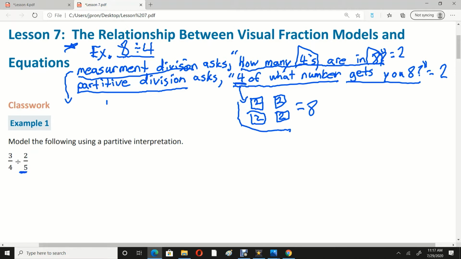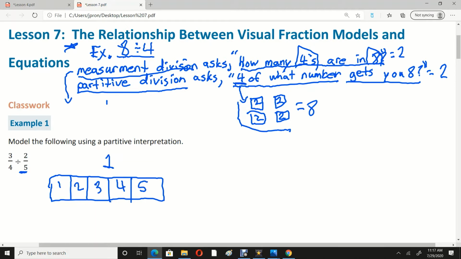So the first thing I want to do is make me a little model. Make me another whole model, right? So this is my 1, this is a whole, and we're going to split it up into fifths. 1, 2, 3, 4, and those are all perfectly even, as you can see. So we have 1, 2, 3, 4, 5 parts of 1 whole, so we have 5/5 of a whole, right?